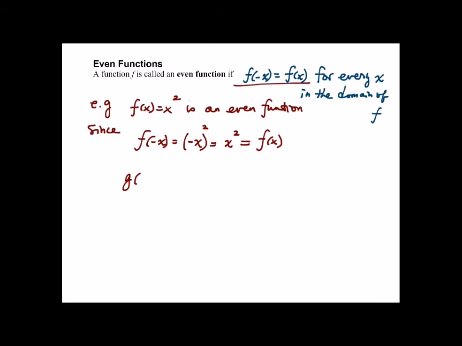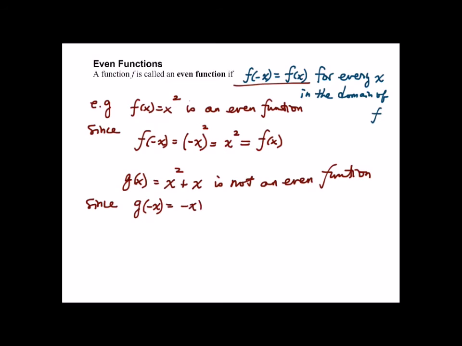On the other hand, the function g of x, that is x squared plus x, is not an even function, since g of negative x is negative x quantity squared plus a negative x, which gives me x squared minus x. This is certainly not equal to the original function g of x for all the x values I can possibly pick.